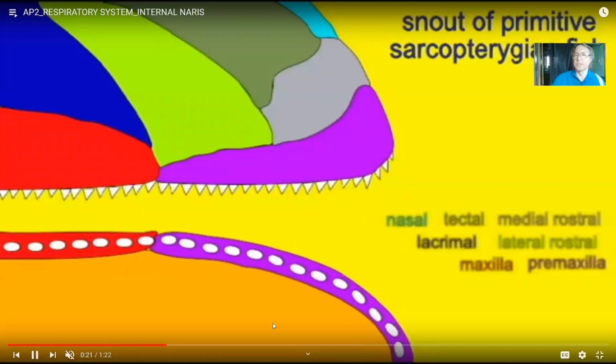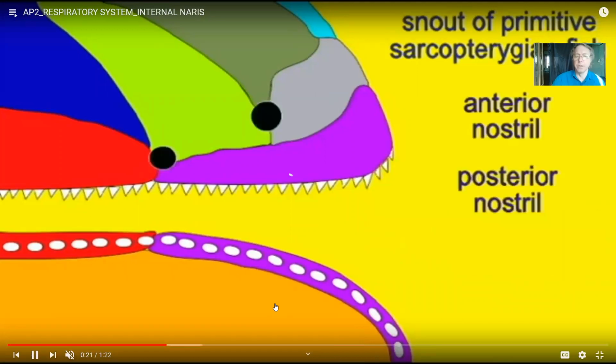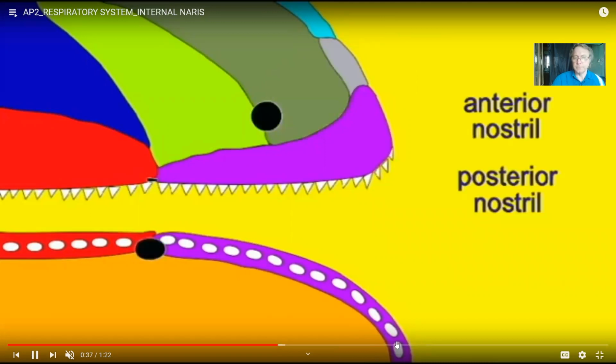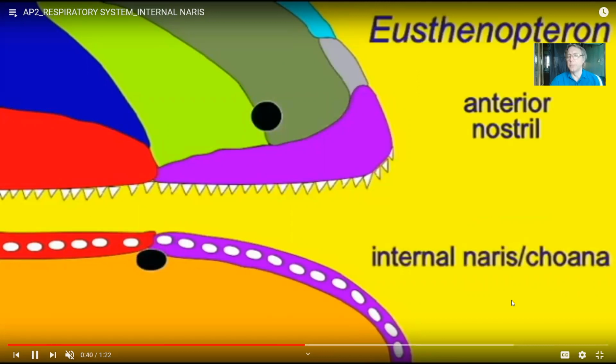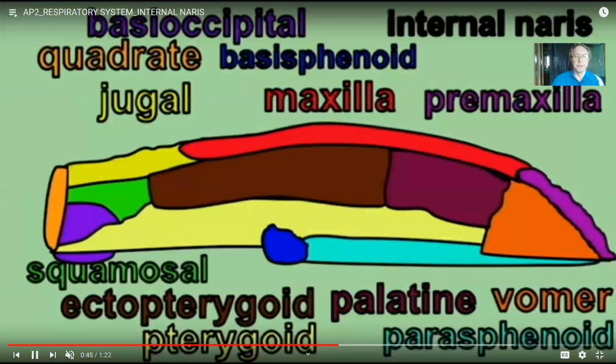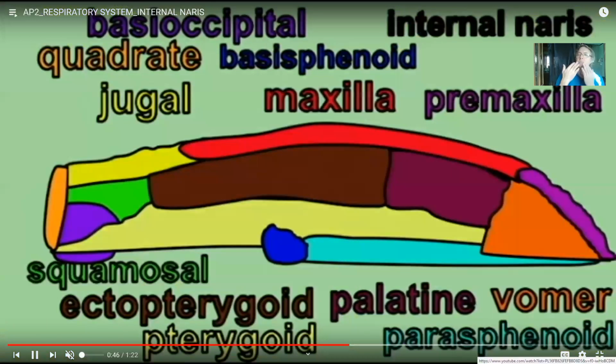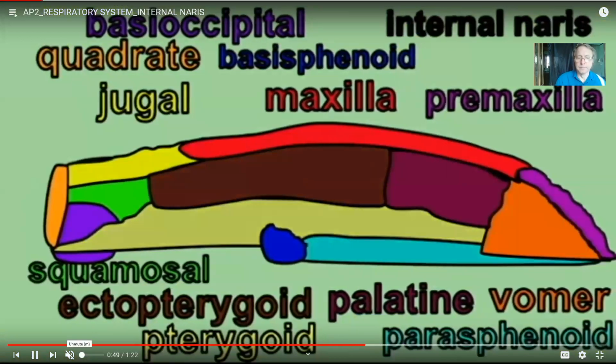So while it was originally on the side of the face and exterior, it moved briefly to the tooth margin, and then it moved to the roof of the mouth where it became the internal nares, which could then be functional in bringing air into internal bags, which could then be used for breathing.